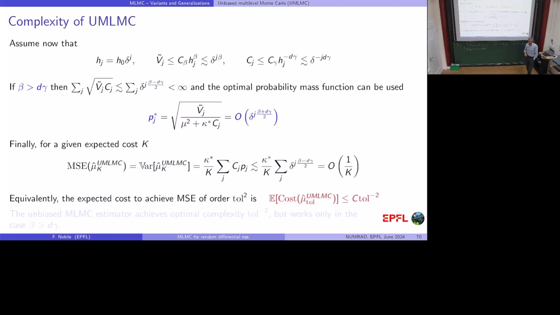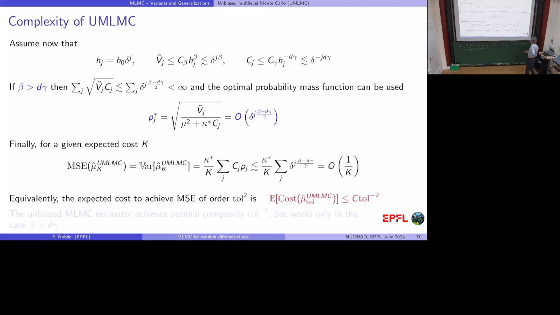So somehow this unbiased version performs as good as the multilevel Monte Carlo if you are in the nice setting, beta larger than d gamma, and essentially doesn't work if you are not in the good case. Okay? So that depends on which case you are. If you are in the good case, you could use this unbiased version, and it's somehow nice.